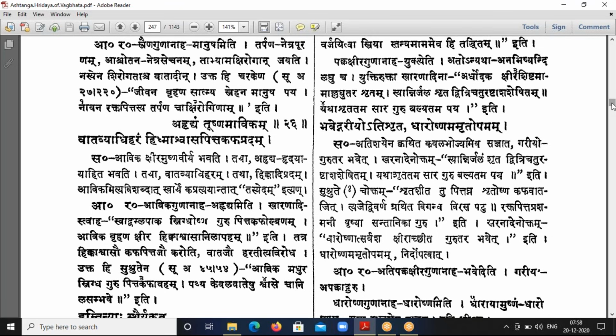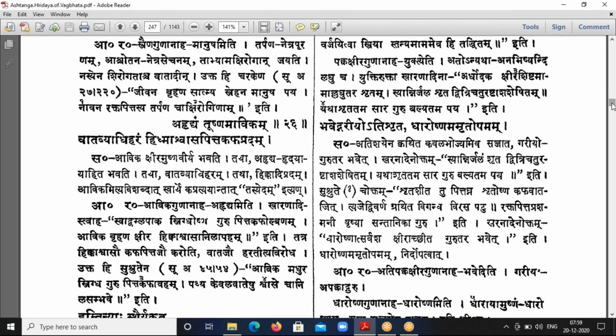They are not really differences in opinion, as I told the other day; there are many types of usages, according to local traditions, practices, attitudes, and everything. In Bhava Prakasham, regarding this dharoshnata, I think we can see a different way of explanation.